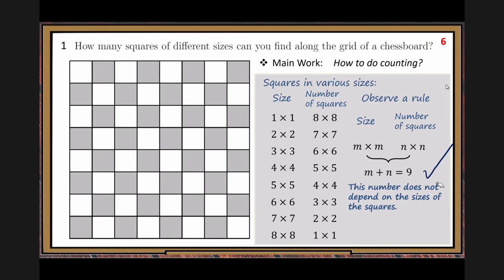Suppose we have a 100 by 100 chessboard. Same structure, but this time the size is increased to 100 by 100. Then the size m plus the number n, what's that number? 101, not 100, okay?